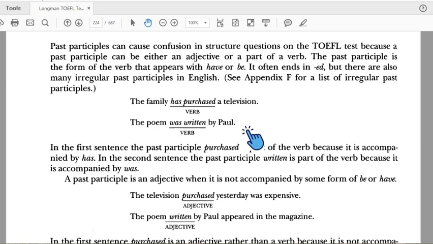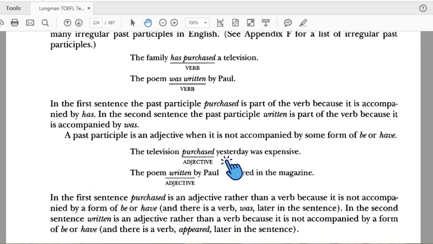The past participle appears as a verb if it meets has with a participle, or if it meets was, were, is, are, with a participle or verb 3.